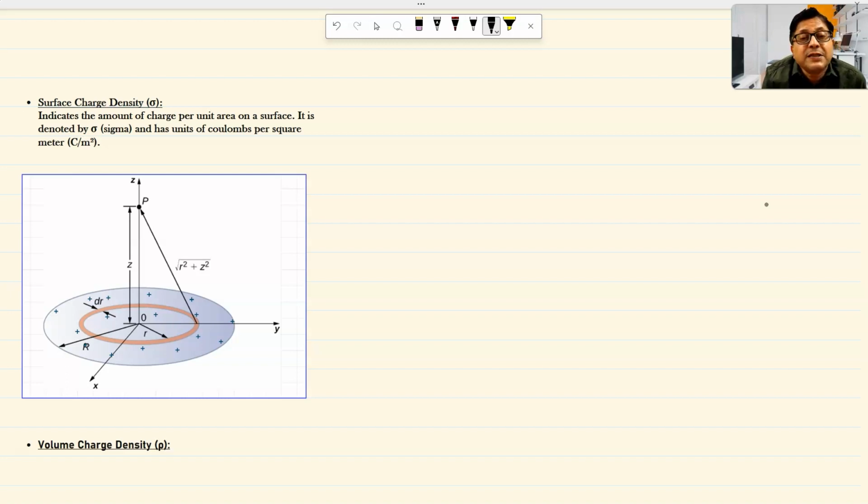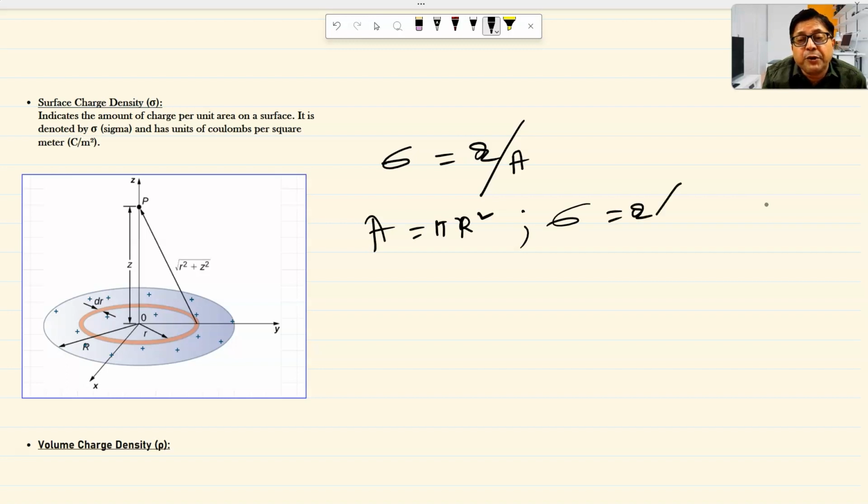This time surface density of charge will be defined as sigma equal to charge distributed over the whole surface area. For this circular disc, surface area A equal to pi r square. So the value of sigma is going to be q by pi r square.